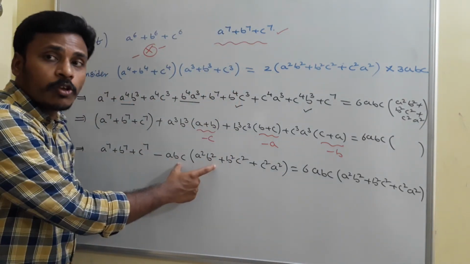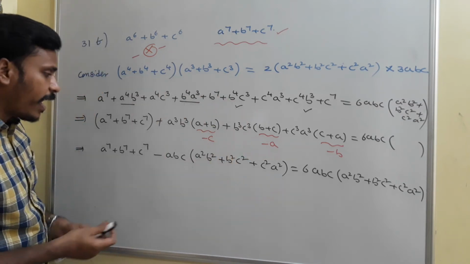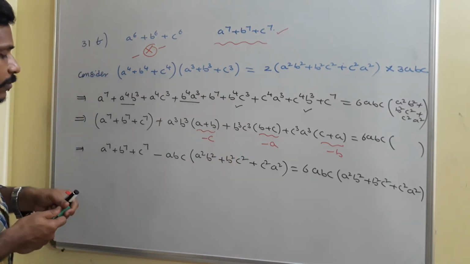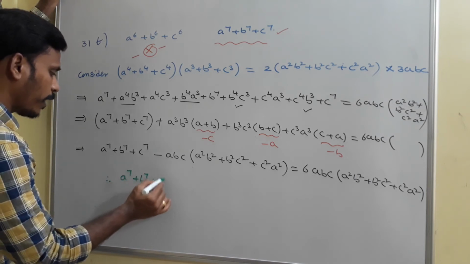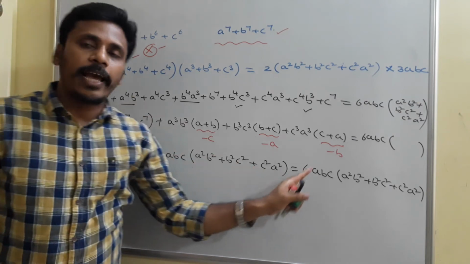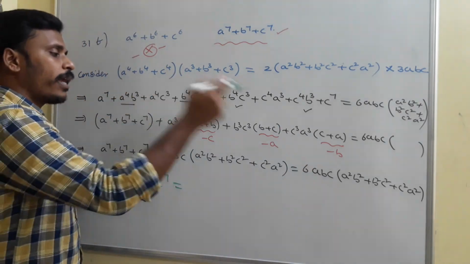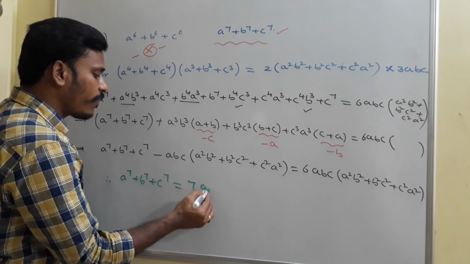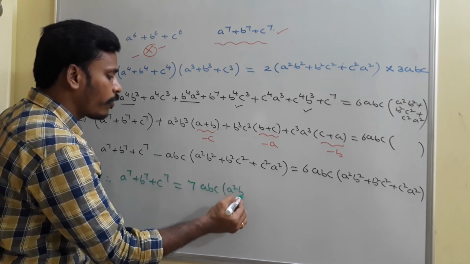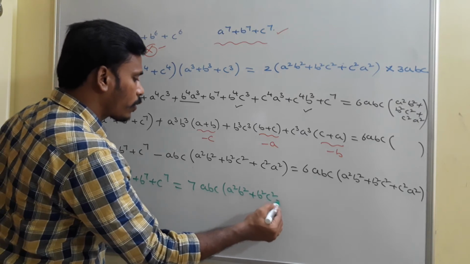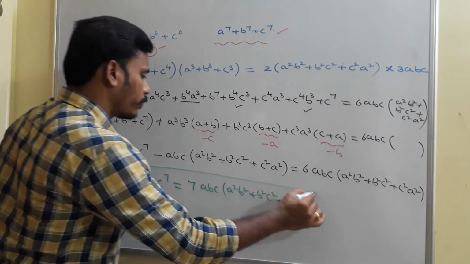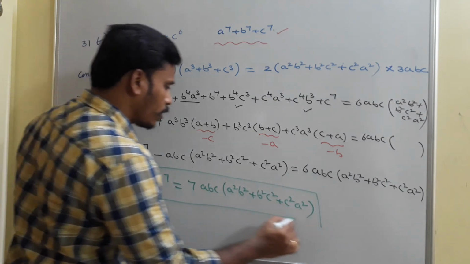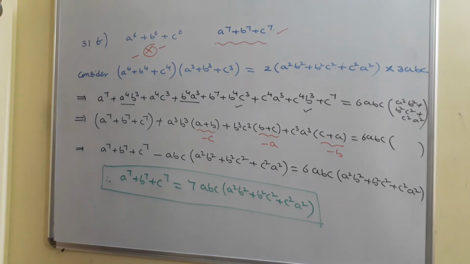If you send this minus item to the other side, it becomes plus. So a power 7 plus b power 7 plus c power 7 is equal to 7 times abc times a square b square plus b square c square plus c square a square. And that's the final result. Just have a look. That is a power 7 plus b power 7 plus c power 7. Just observe it.